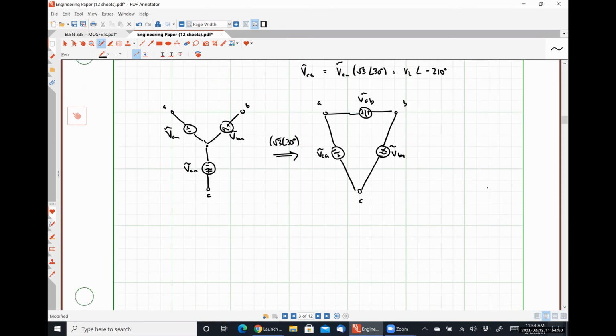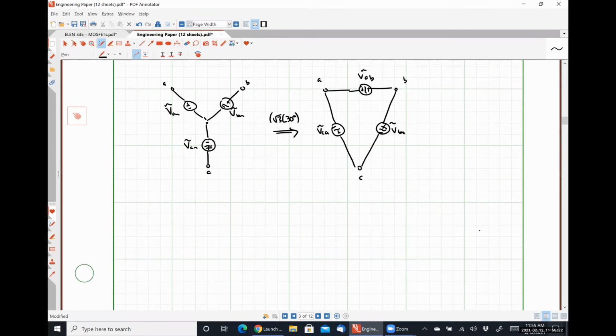Well, it stands to reason then that I should be able to go from a delta to a Y by doing the opposite operation, meaning instead of multiplying by square root of 3 angle 30, I divide by square root of 3 angle 30, or I could take it as multiplying by 1 over the square root of 3 angle negative 30 degrees. I'm going to use the multiplication factor so that we're always multiplying so that it's not confusing when you're remembering whether you're supposed to multiply or divide.